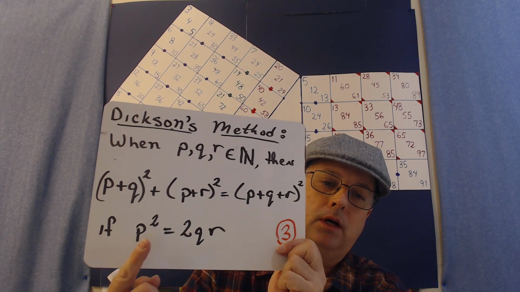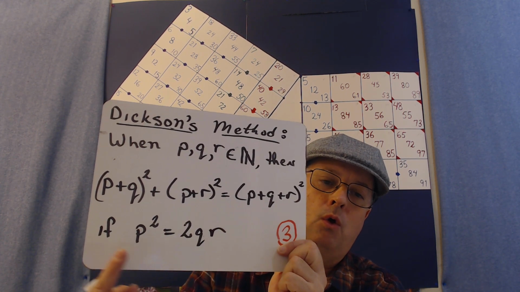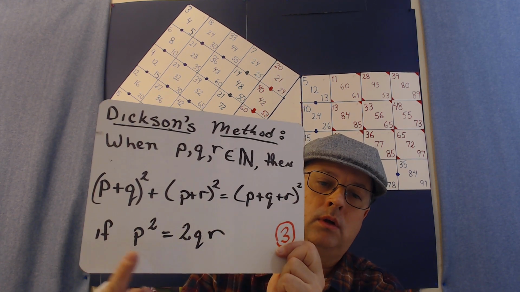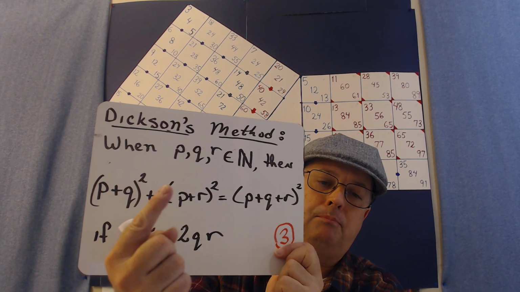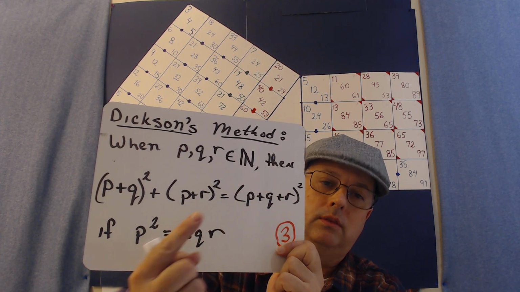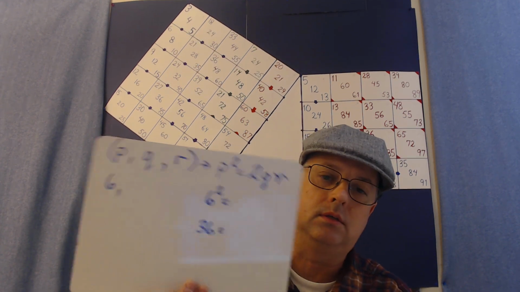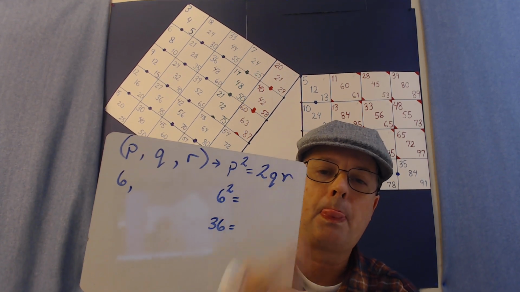So that means we must pick a P value, a Q value, and an R value where this is true. And then when we add P and Q, and P and R, and P plus Q plus R, we will get a Pythagorean triple. So we have to pick P, Q, and R according to this condition here.